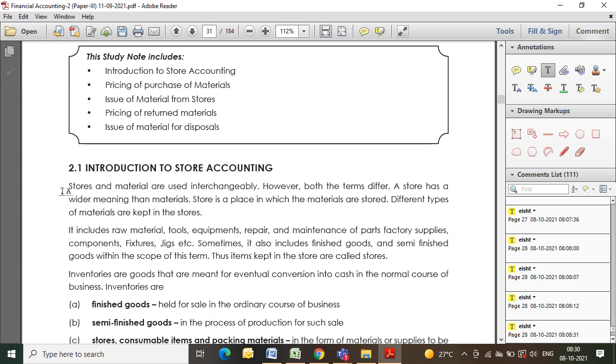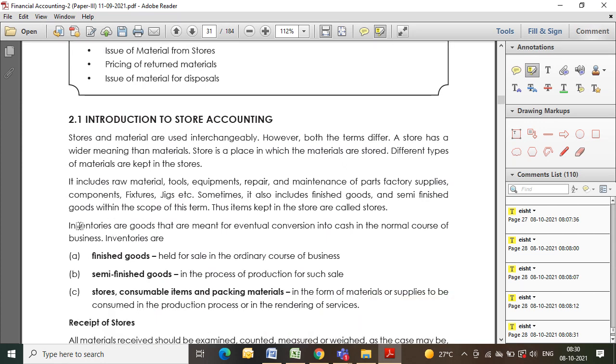Now stores and materials are used interchangeably because material is managed by stores. So technically, they are both the same. When you talk about inventories, inventories are typically your materials, which include finished, semi-finished goods also.